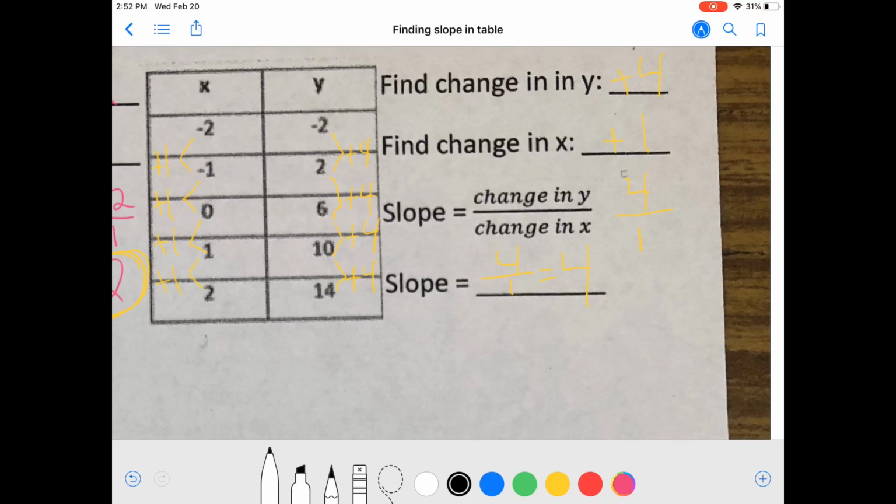Now, by this time you should be able to identify your y-intercept where x is 0. So x is 0, y is going to be a value, and we're looking at our table, which is right here at 0, 6. So our y-intercept is going to be 6.